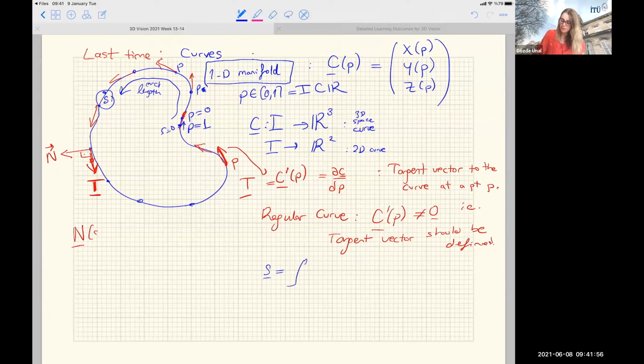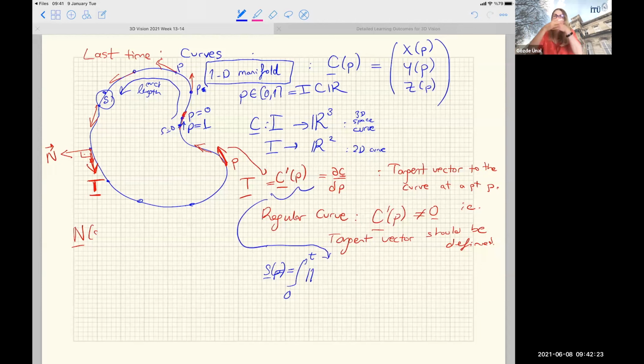For instance, 0 to p or t, let's say, if it's s of t, just to use a dummy variable. Or I can keep p and then use t as the dummy variable. Okay, s of p, let's say, is then 0 to t. Now I need to define, remember this c prime was also important because it gives me this tangent vector, the speed of the curve, right?